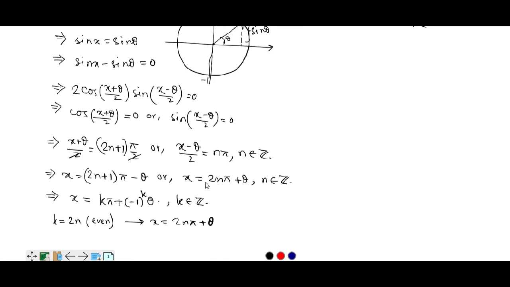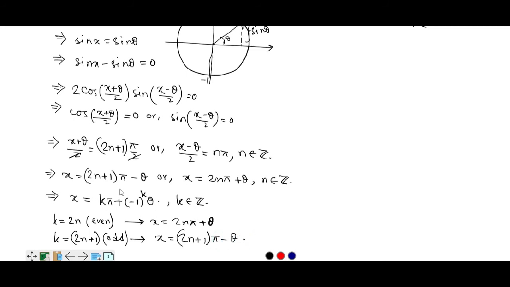And in the same way, when you are taking k to be odd, that means some 2n plus 1, that means it is an odd, then you are getting the solution as 2n plus 1 into pi, minus 1 to the power 2n plus 1, that is minus 1 to the power some odd, that means it is minus theta.